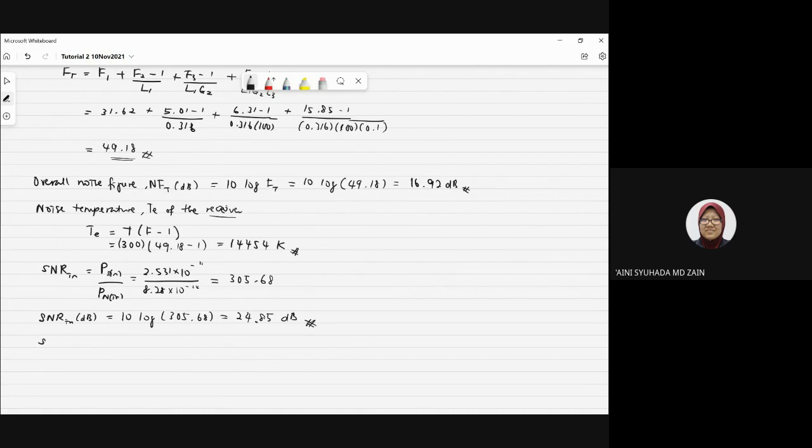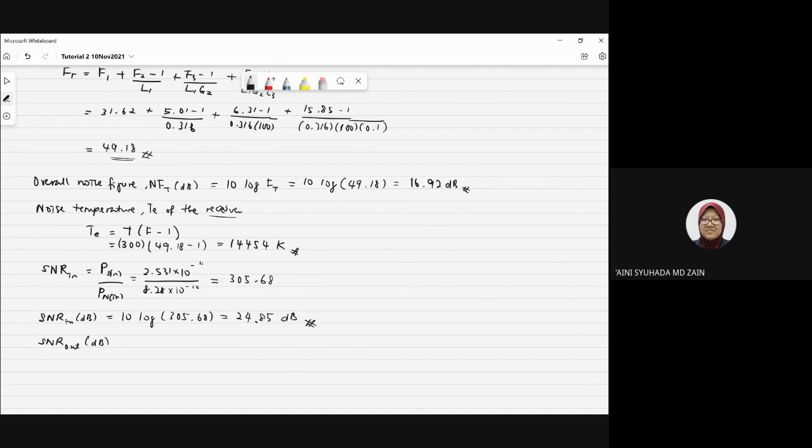And the last part would be the SNR out. This one also can be calculated in dB. So how to calculate this?